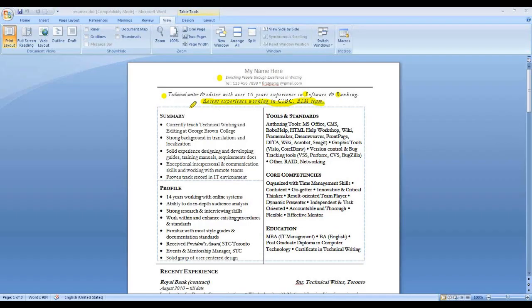Okay, recent experience working in CIBC BIM team. And be careful about using symbols in formal documentation. Okay, and be really careful about unnecessary capitalization unless these are the formal names of the course. So informal things should not be used in a resume.